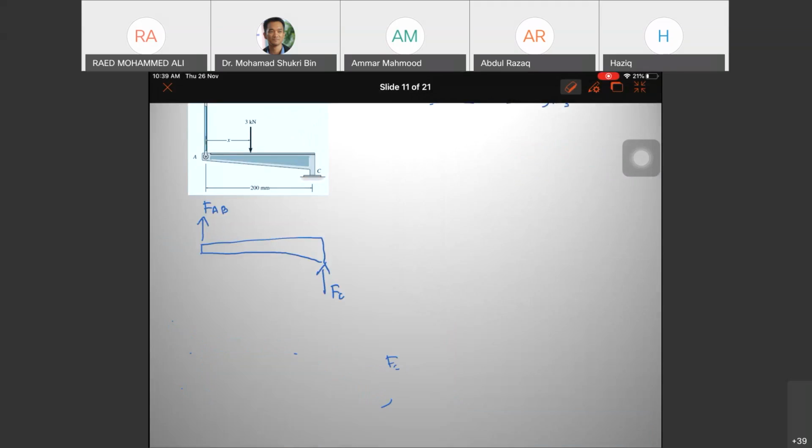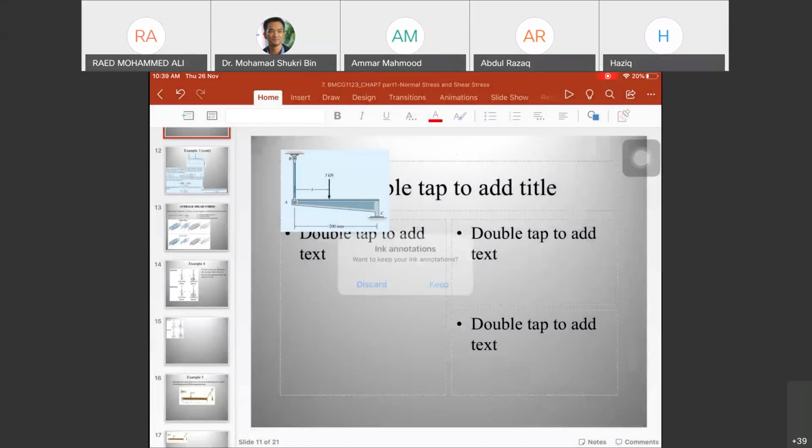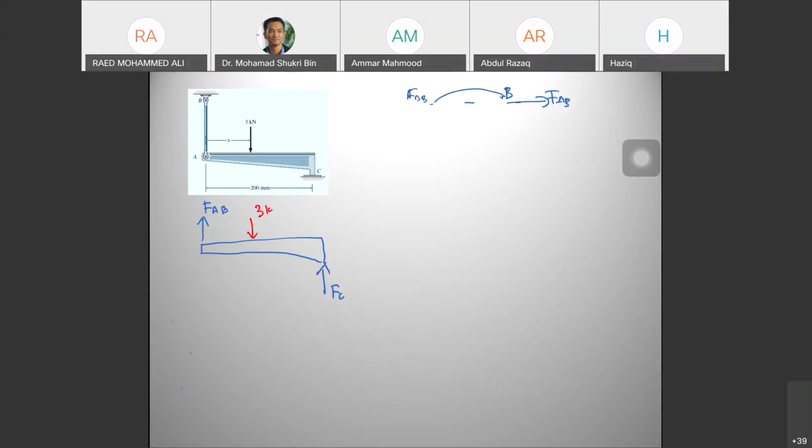So find the value of x. Alright, find the value of x when the sigma is equal. So we have 3 kilonewton and the direction is x. Right? And we have Fc. Alright.